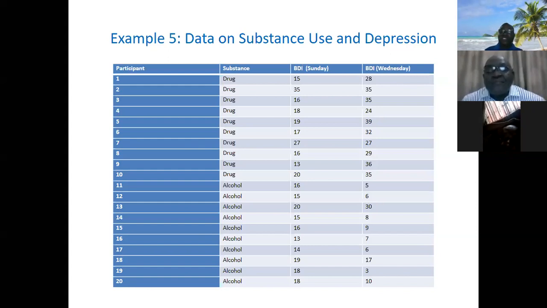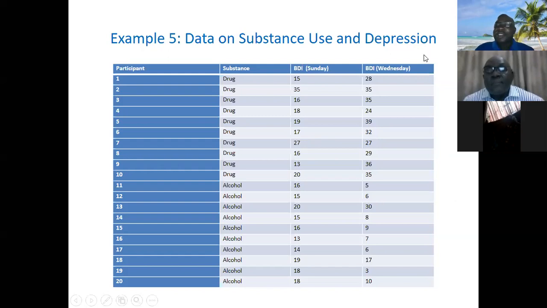This substance use is the same data set we're going to use to run independent sample and pair sample. That is Wilcoxon rank sum, which is independent, and Wilcoxon sign rank, which is for pair. Rank sum just means that you rank them from smallest to the highest.